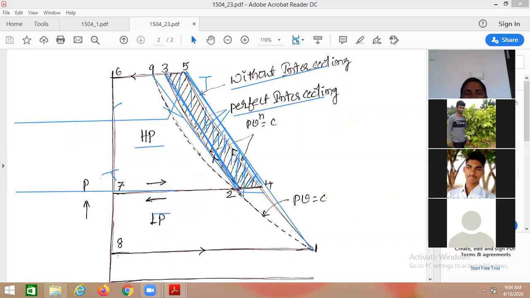That also keeps on changing. That means with the variation of P2, the amount of hatched portion is also changing. So when P2 changes, the amount of power saved also will be changing. That means based on P2 only, the amount of work consumed by the compressor keeps on changing.